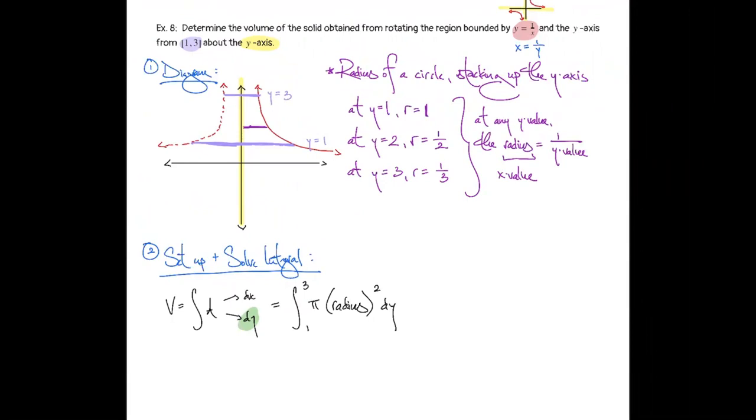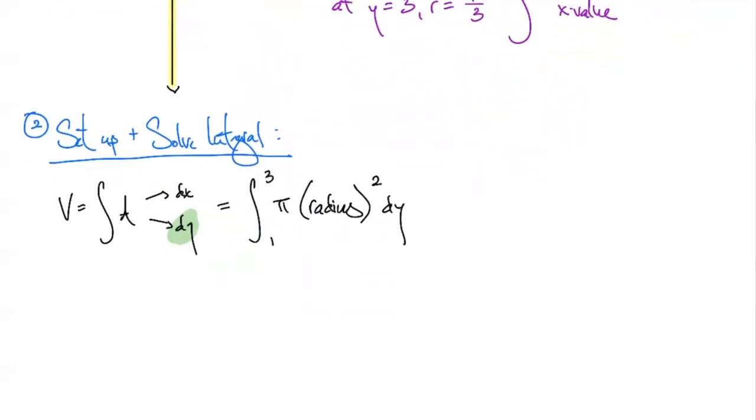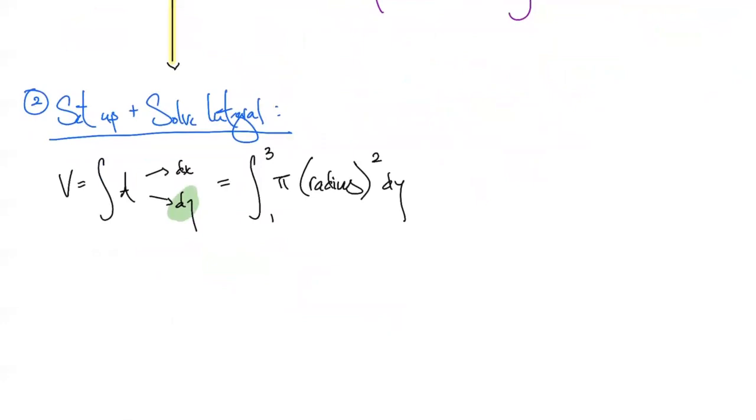And we said 1 over y will be sufficient to determine the radius. So let's make sure we're substituting in appropriately. Bring that pi out to the front. My radius is 1 over y.